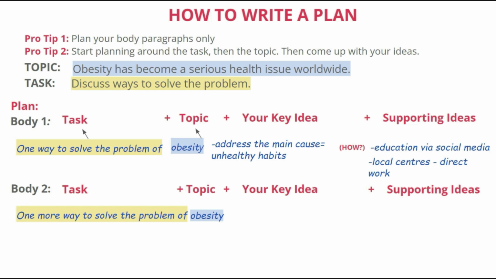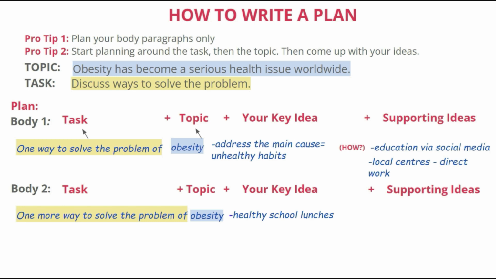My key idea for this second paragraph is that it would be good to introduce healthy school lunches, because if kids eat healthily at school, they are not likely to put on weight. Again, I'll only make a brief note of this idea.